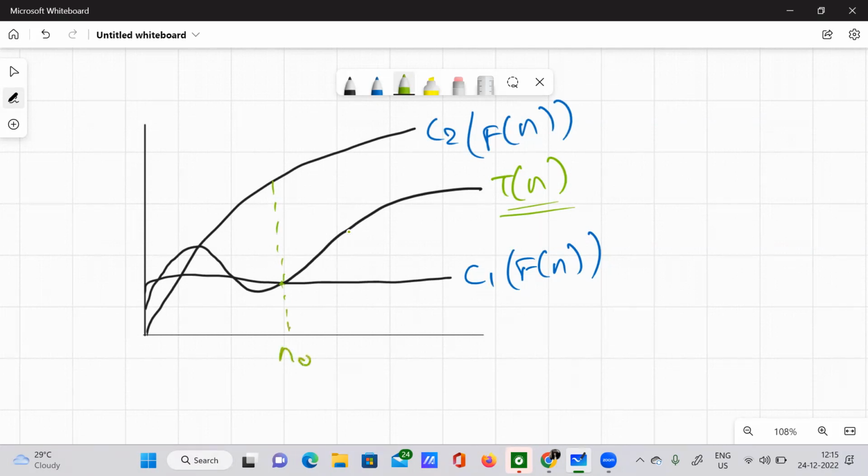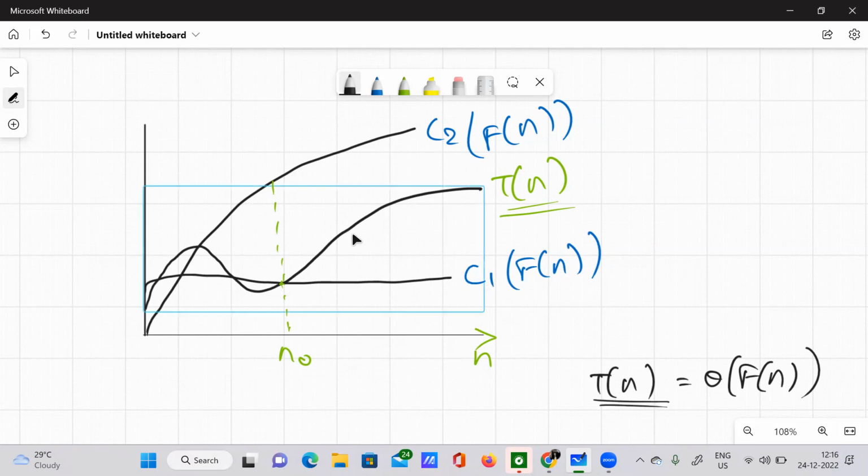That is my n0, and this would be my n. So hence we can conclude that T of n is equal to theta of f of n. What does that mean? That means f of n is an asymptotically tight bound for my T of n. So this is an example.